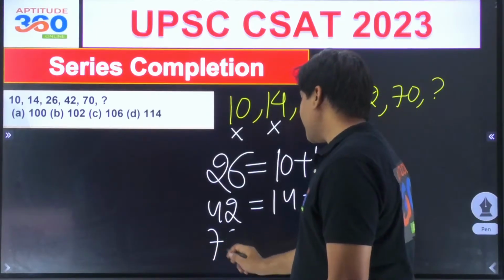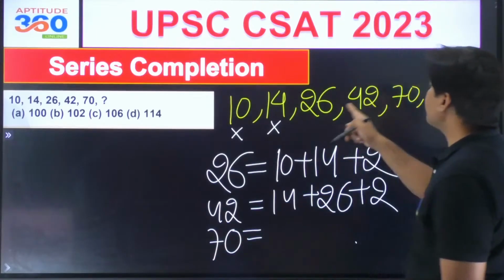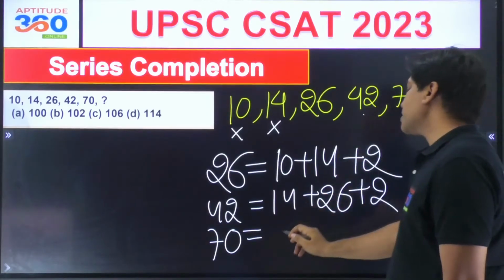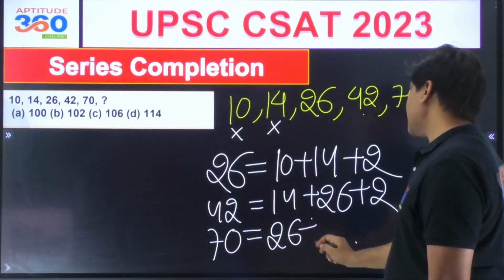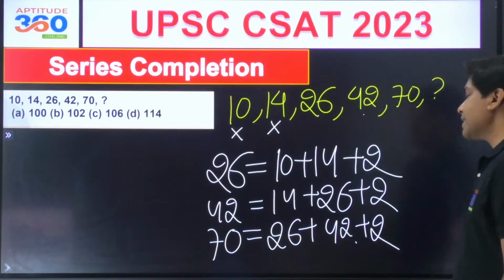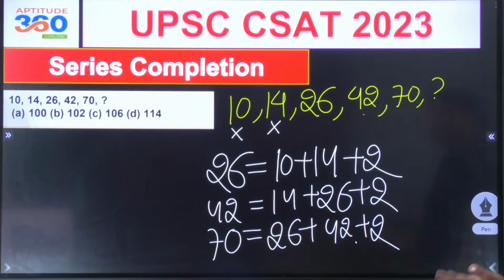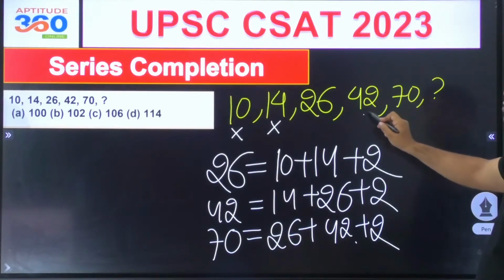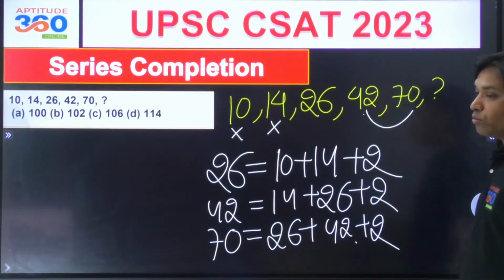Then can we verify this with 70? So 70 should be this plus 2, which is 26 plus 42 plus 2. Are we getting this answer? So what is going to be the next term out here? The next term is going to be this plus 2.